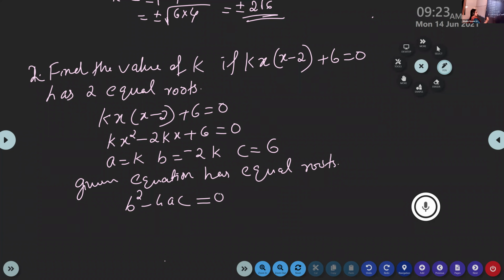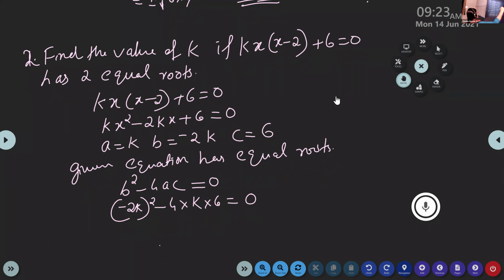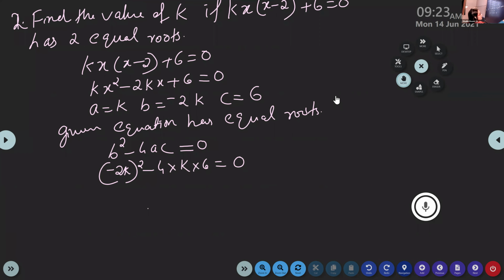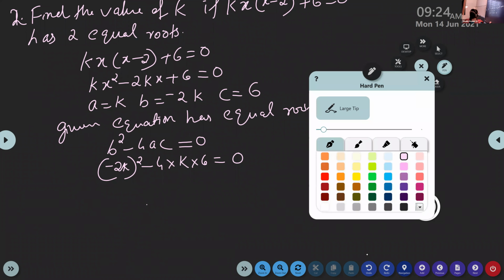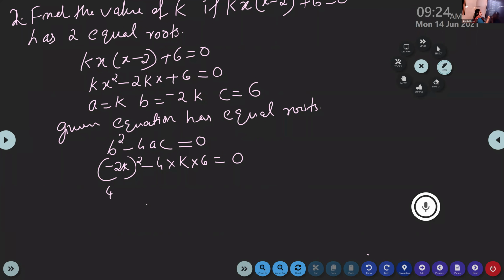So b is what? Minus 2k. Minus 2k the whole square minus 4 into k into 6 equal to 0. That is 4k square minus 24k equal to 0.